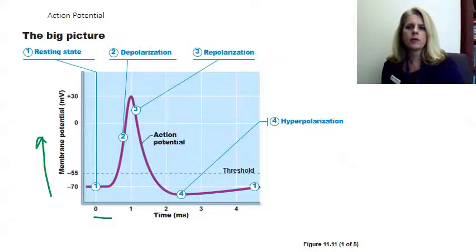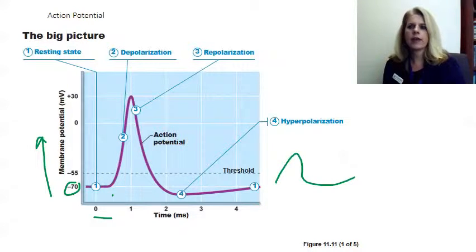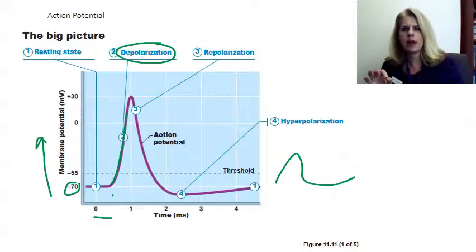So if you remember, at rest, your membrane potential in a neuron is minus 70 millivolts. Well, this is what an action potential looks like. It's just this spike. And the upward deflection is called depolarization. And we'll talk about what channels are involved and what ions are flowing that cause this membrane to become depolarized.